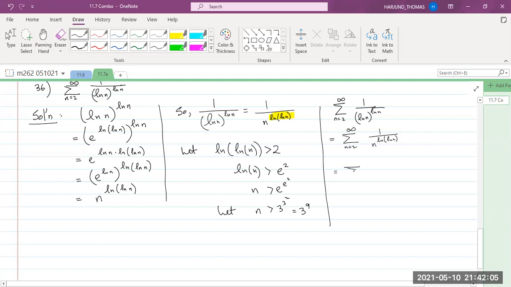But this is the series from 2 to 3 to the 9th of 1 over n to the natural log of n, plus from n equals 3 to the 9 plus 1 to infinity of 1 over n to the natural log of n.